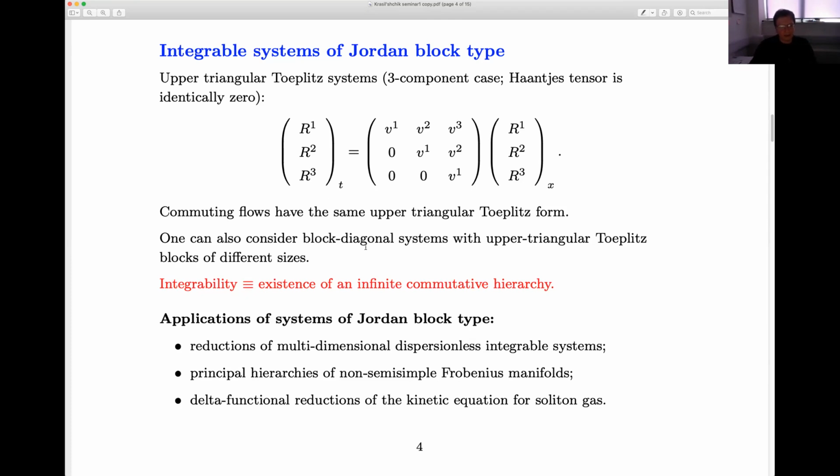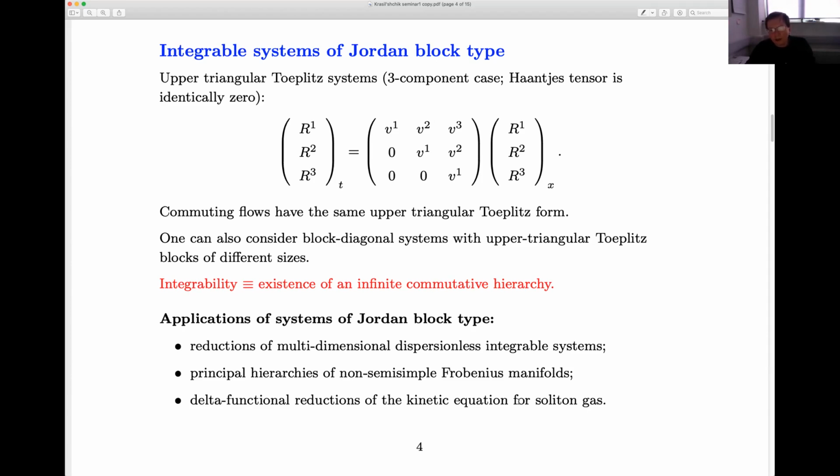Also, equations of Toeplitz type appear as delta functional reductions of the kinetic equation for soliton gas. I will discuss this example at the end of my talk. This will actually be my main example.